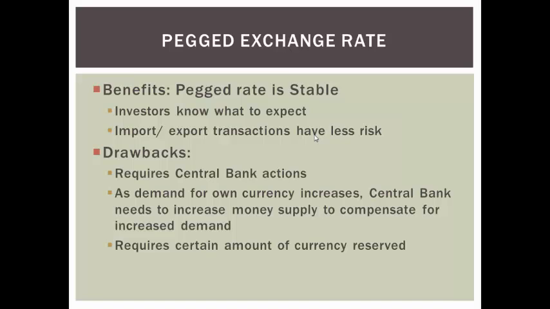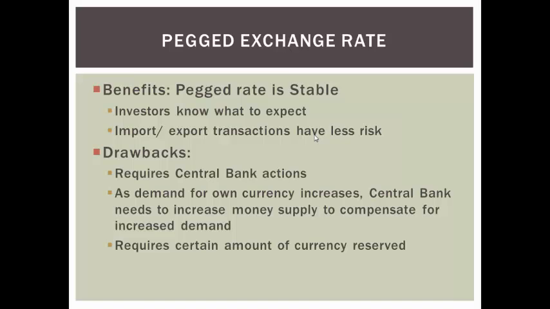Let's say there is a greater demand for the US dollar. Demand increases, so as a result, technically, our exchange rate should be going up. The dollar should be appreciating. Well, we don't want that to happen, and I'll tell you in a second why we may not want that to happen. So we need, as a central bank, to make sure that the dollar depreciates back. How do we do that?